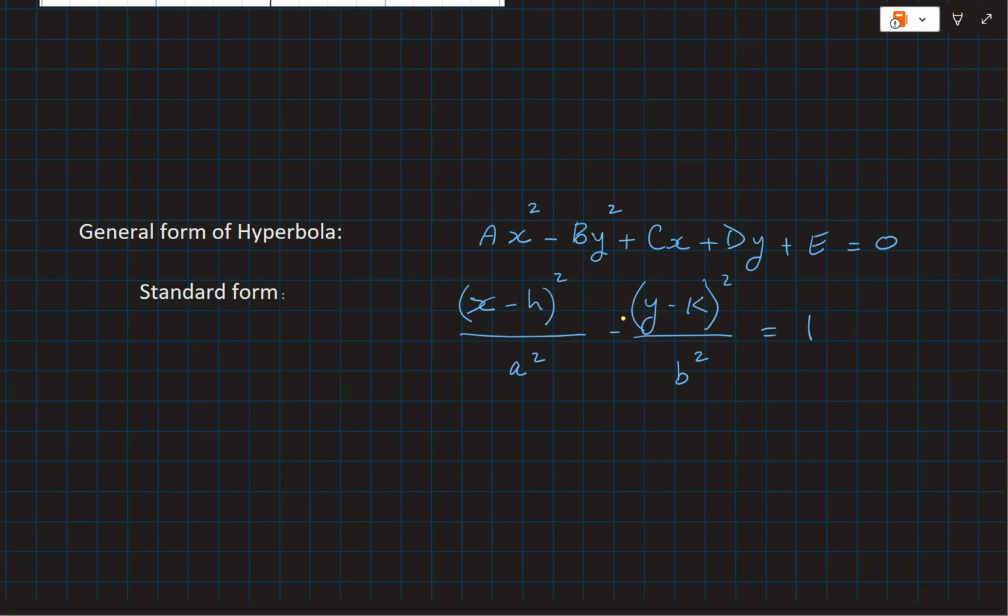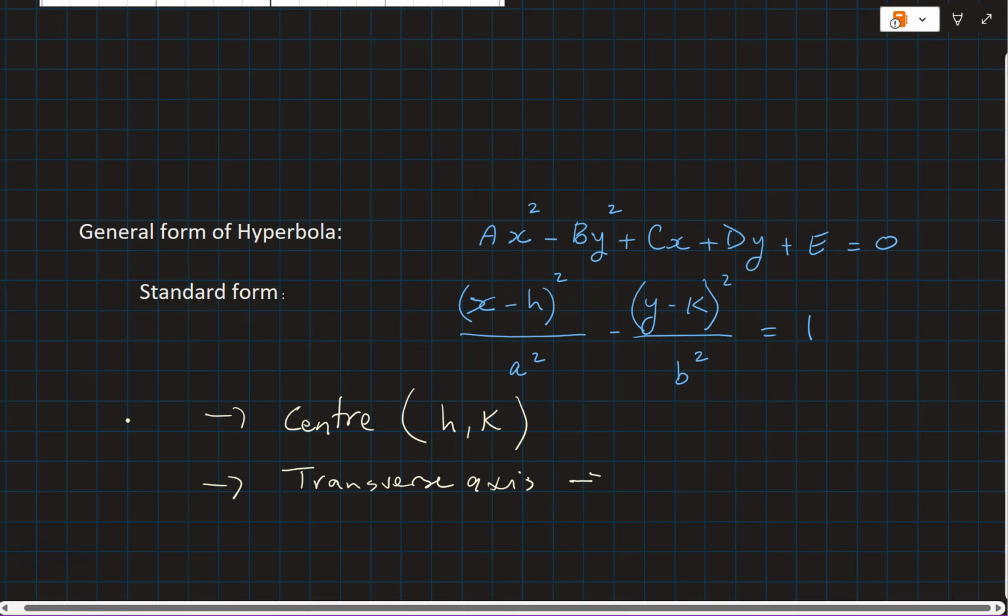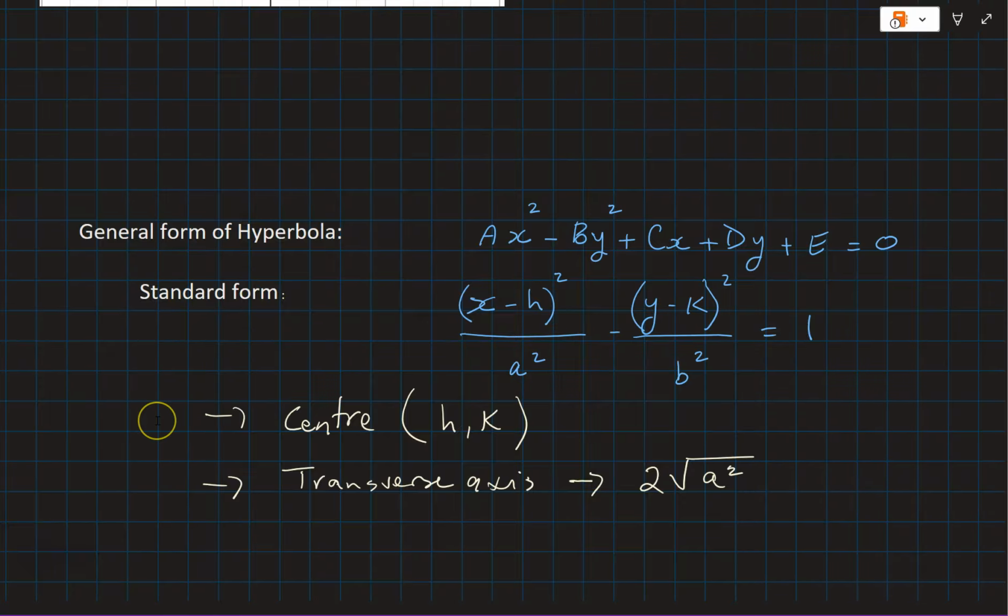First, the center is h, k. Then there is a transverse axis, and the length of the transverse axis is always 2 times the square root of a squared, or we can say 2a.